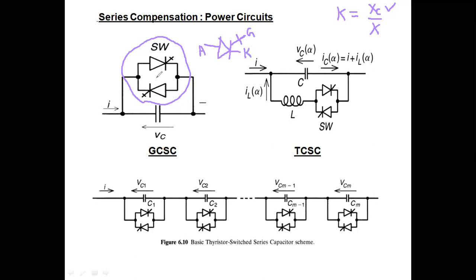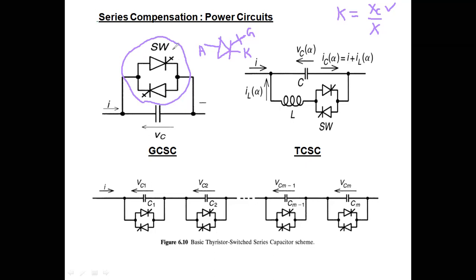You can see here two GTOs connected in anti-parallel. That is considered a switch in the case of AC. Why? In the case of AC, we have positive and negative cycles, so once it is connected to this AC supply, during the positive cycle one is acting, and during the negative cycle the other is acting.